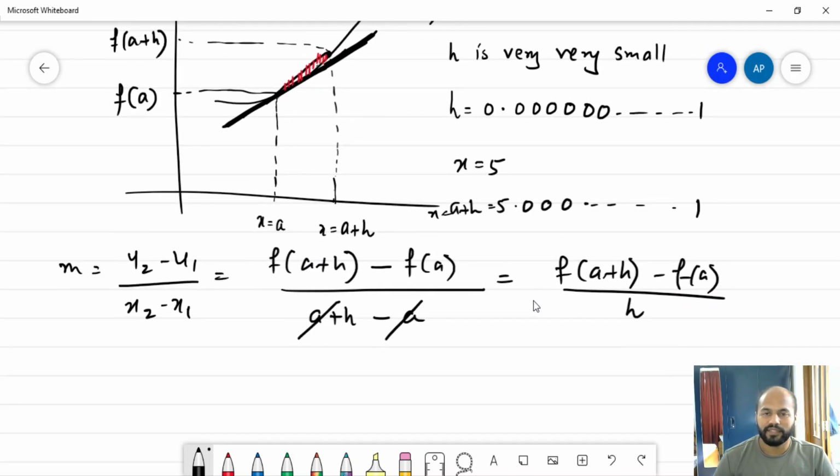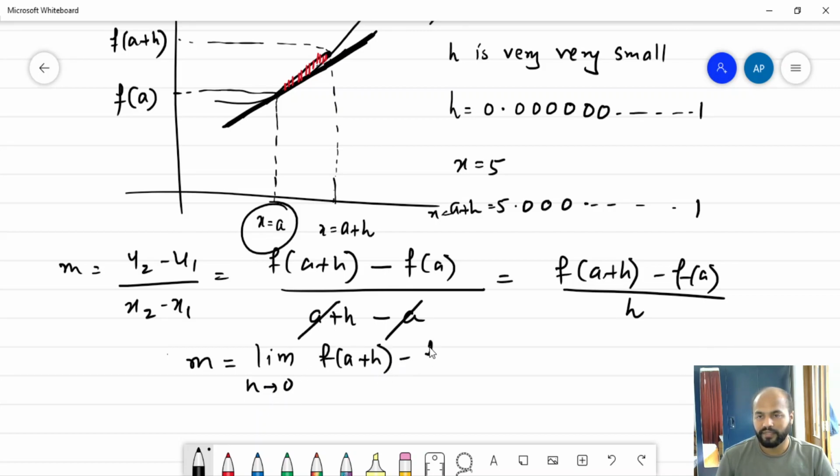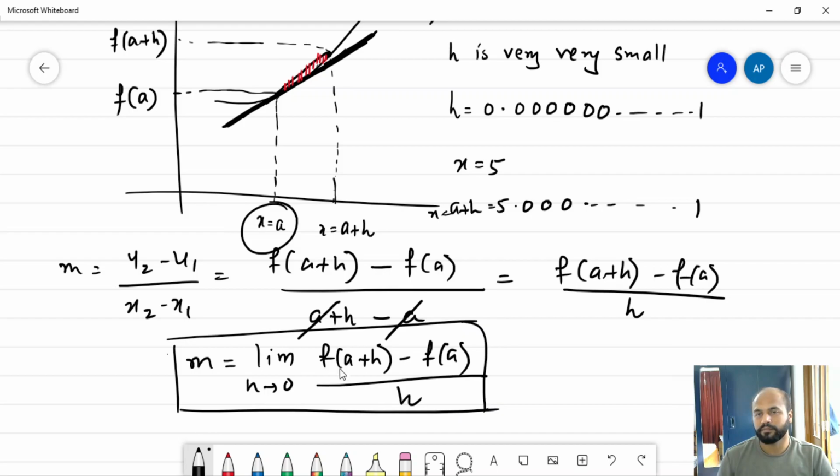That is why we say that the slope of this tangent at this particular point to this curve will be given by limit h tending to 0 of f of a plus h minus f of a by h. This will be the slope of this tangent.